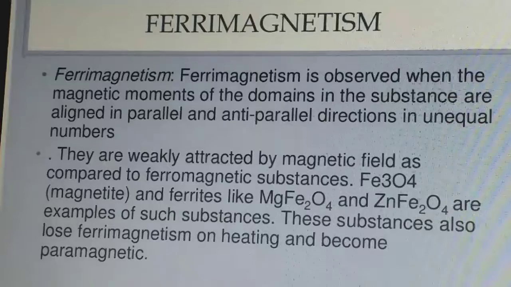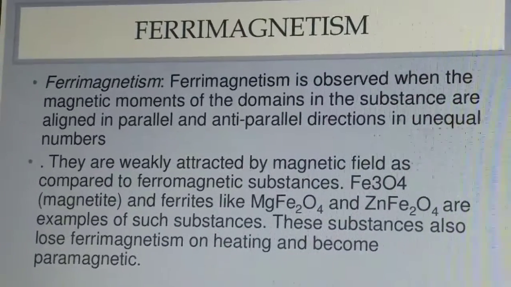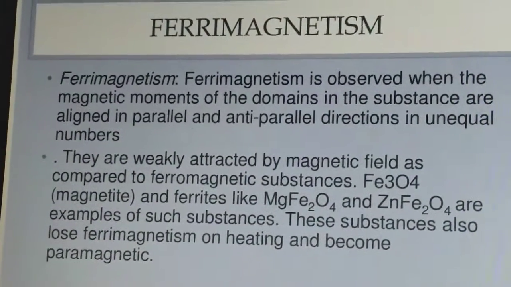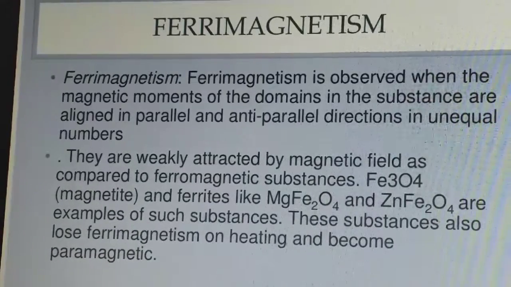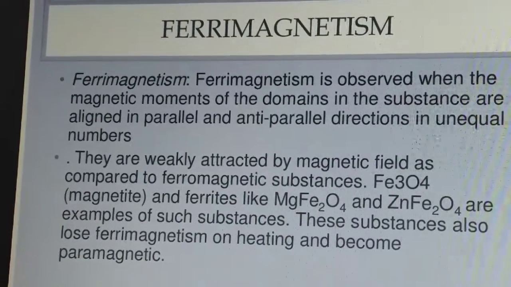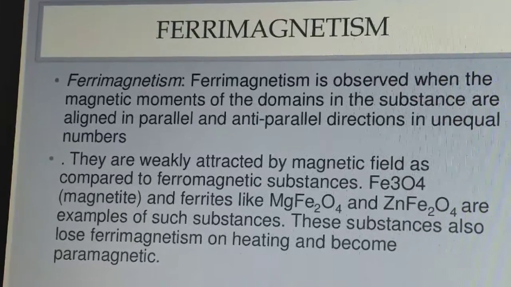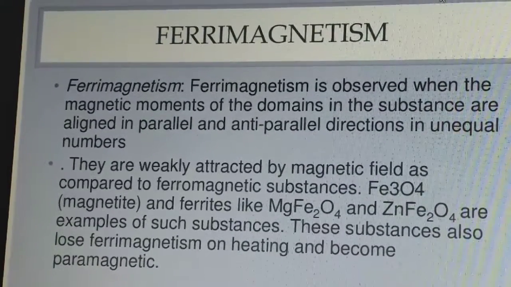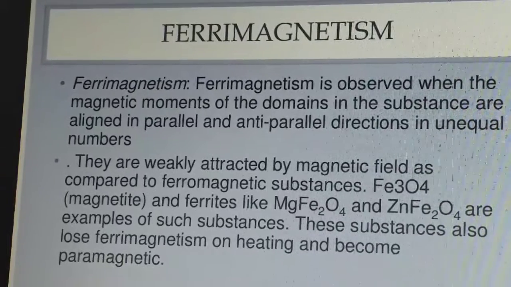Other examples are MgFe2O4 and ZnFe2O4. These substances lose ferrimagnetism on heating and become paramagnetic. Ferrimagnetism arises due to the unequal number of domains in opposite directions, resulting in some net magnetic moment.